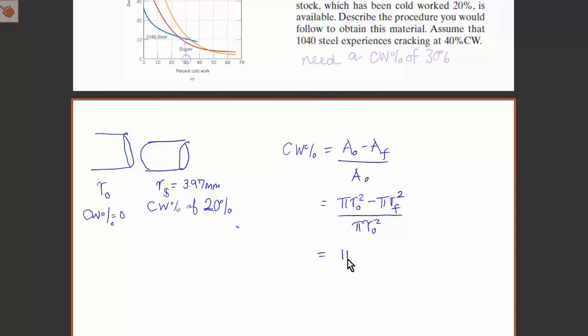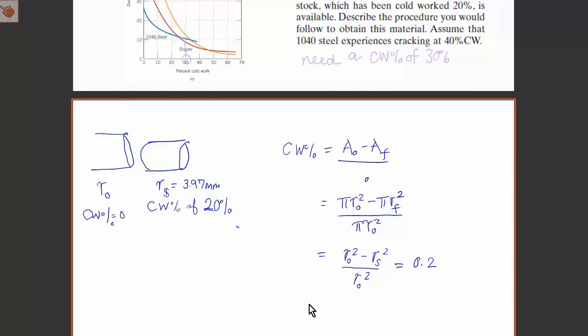Taking out the pi, we have r naught squared minus r squared divided by r naught squared. And we know that this is equal to 0.2 in the as supplied state.